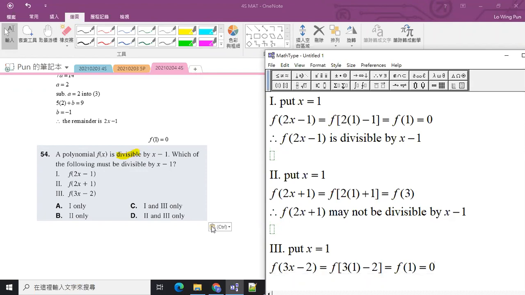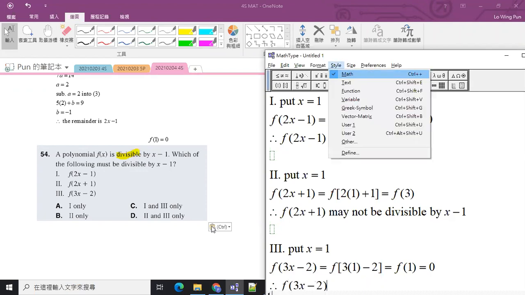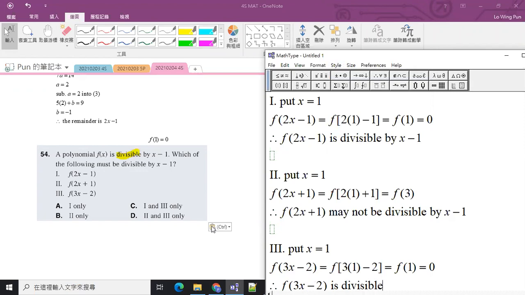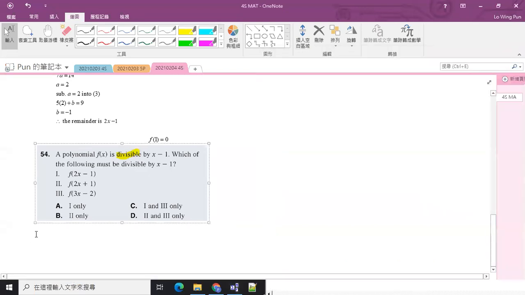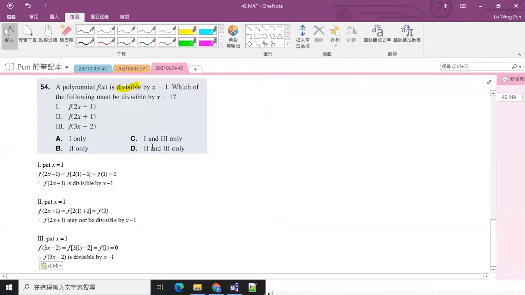So we can confirm that f(3x minus 2) is divisible by x minus 1. So this is the answer. The answer should be statement 1 and statement 3 only. Statement 2 we cannot confirm.